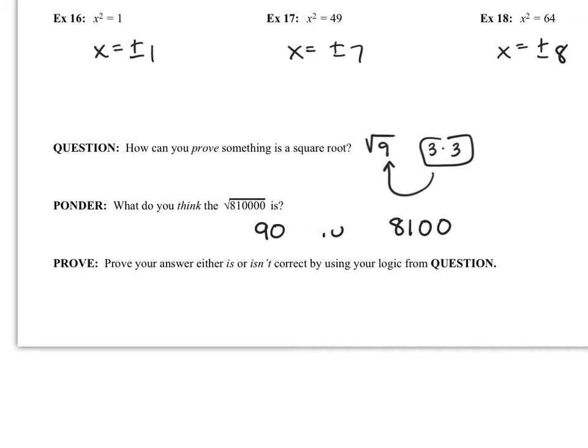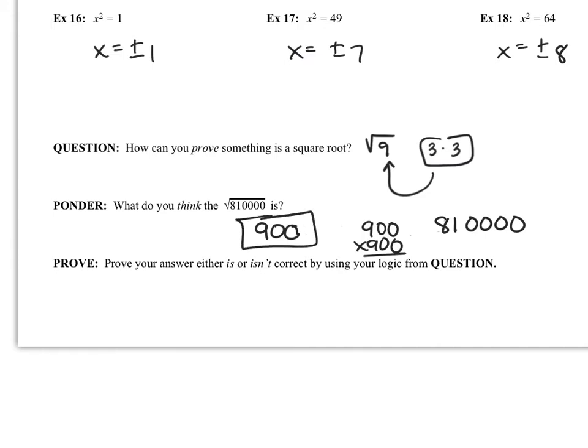I'm going to adjust it, and this time I'm going to try 900. I can check if my answer is 900 by multiplying it by itself. 900 times 900, 9 times 9 would be 81, and it would have 4 zeros in the answer, because 2 zeros and 2 zeros, which is 810,000. So the square root of 810,000 is 900.